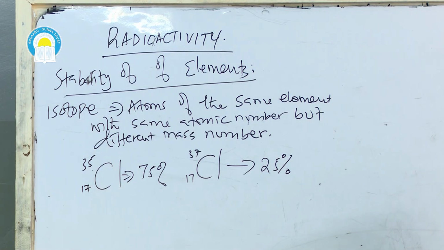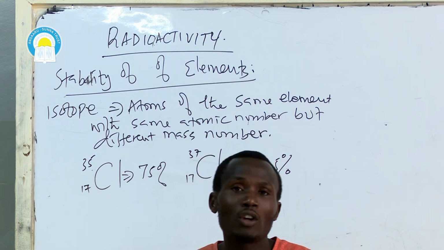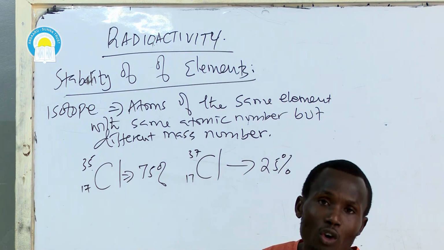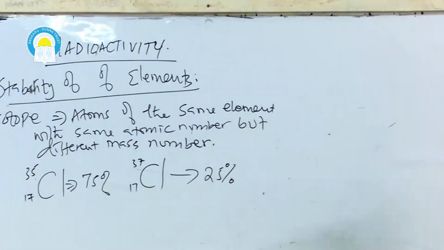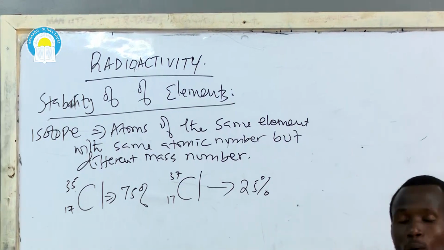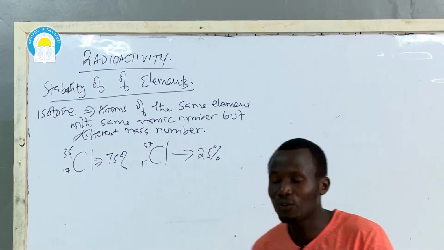And now to determine the stability, there is that range. Most of the elements, you will find that the ratio of neutrons to protons is 1:1. So we say those elements are stable and they cannot undergo radioactivity.